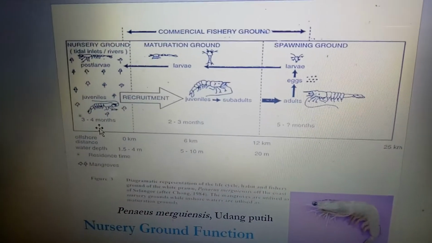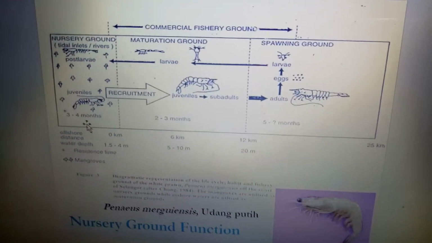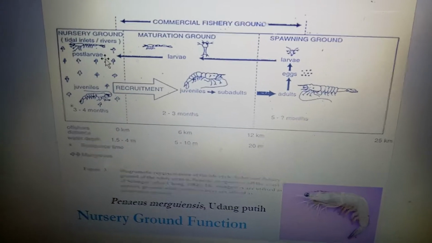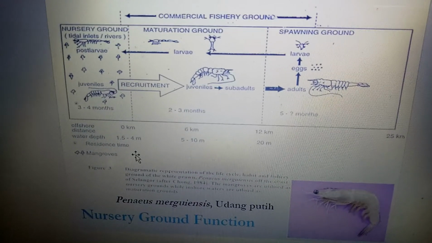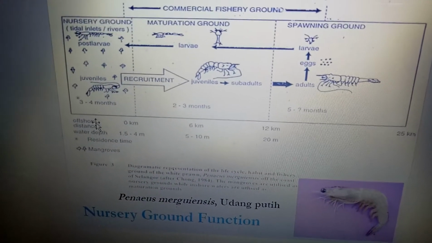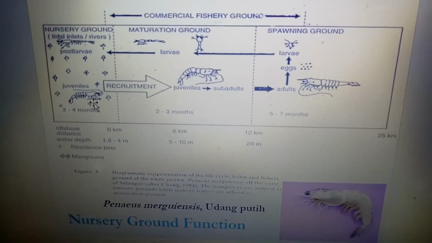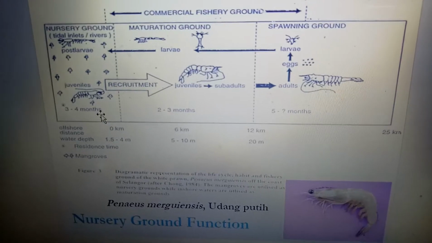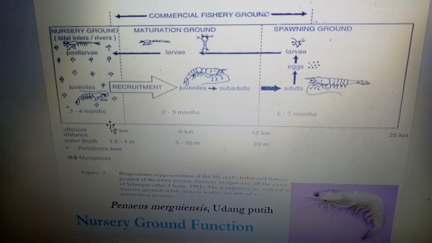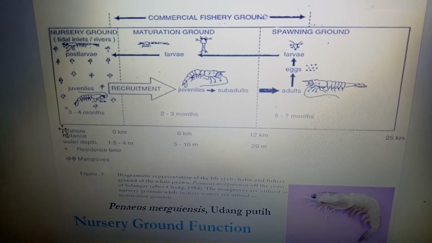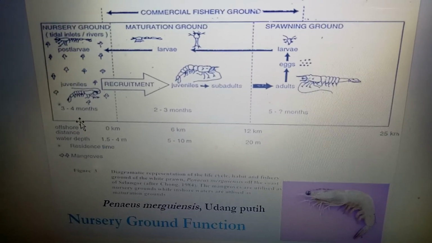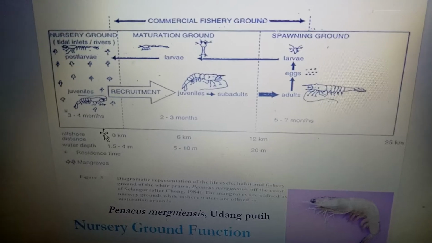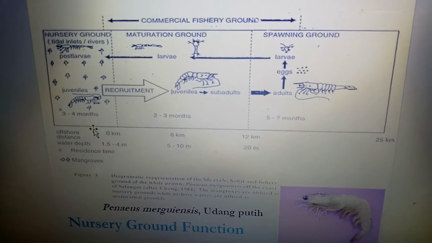They are under the nursery ground, and there are also mangroves here, so they can hide themselves from predators. There is also a lot of plankton for them to feed on and grow, as a source of feeding material.